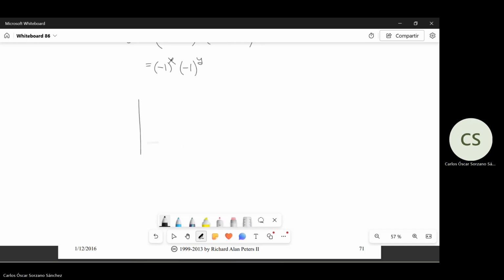So I have a signal x of t that has period 5. So this is t equal 5. And my sampling is, let's say, 2.4. So let's say that your delta t is 2.4.